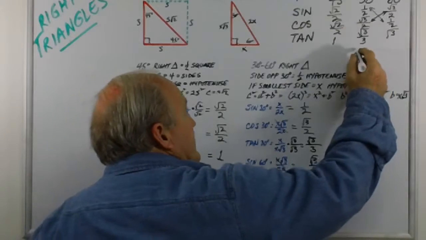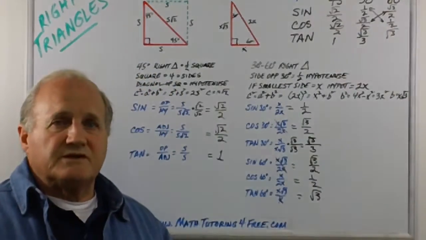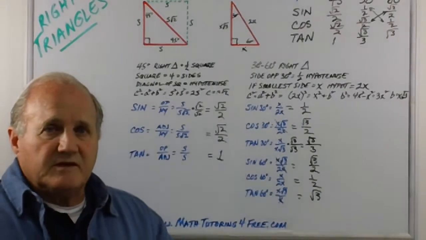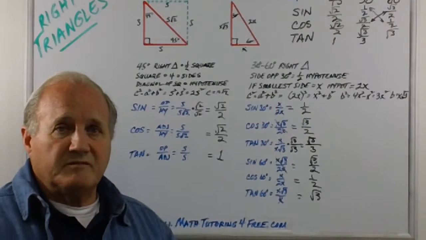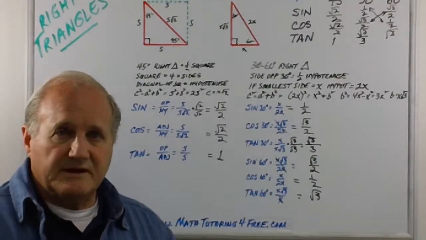And then finally, the last one's for the tangent. Again, you're going to face those over and over again. You can calculate them each time, or you can lock that little table into your memory, and hopefully you'll do much better on your test.